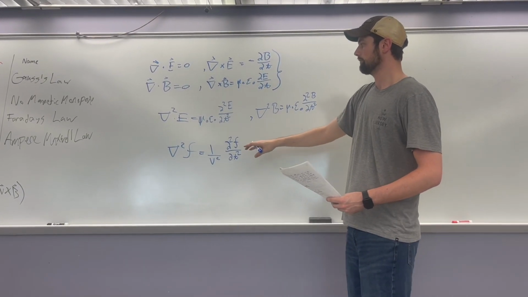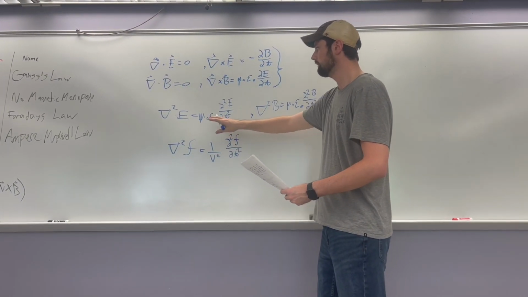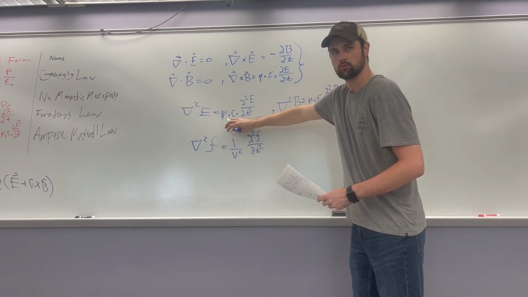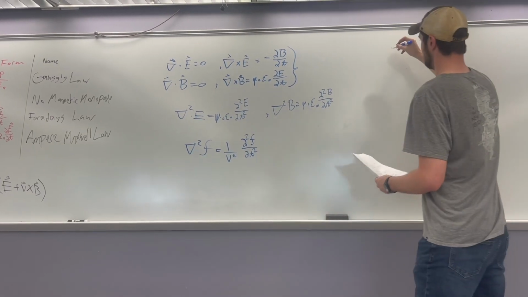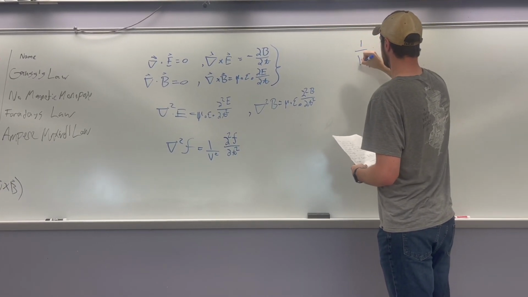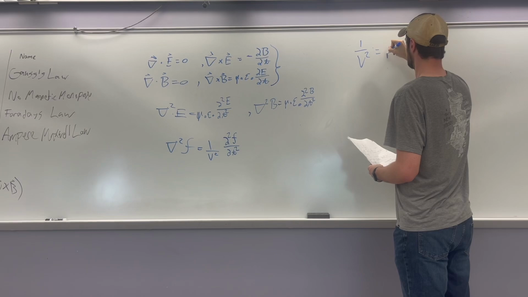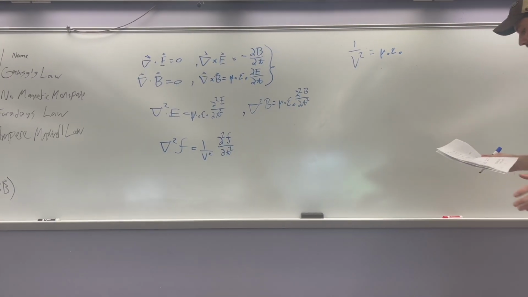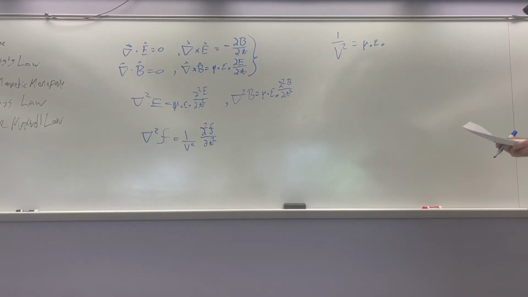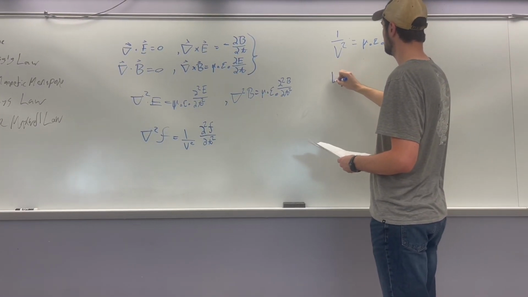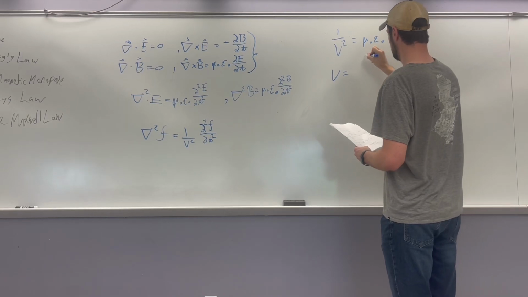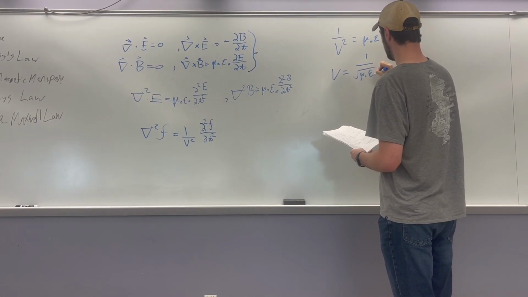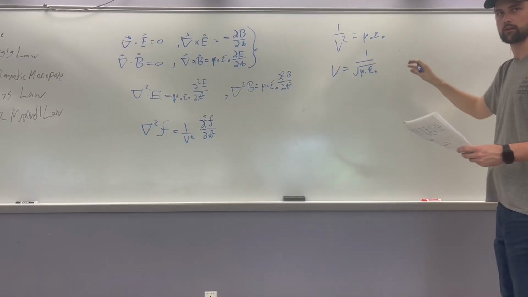So what we can gather from this is that in this three-dimensional wave equation, 1 over v squared is equal to mu naught epsilon naught. We're going to write that up here. 1 over v squared is equal to mu naught epsilon naught. If we rearrange this equation, we get v is equal to 1 over the square root of mu naught times epsilon naught. These are the same thing, rearranged.